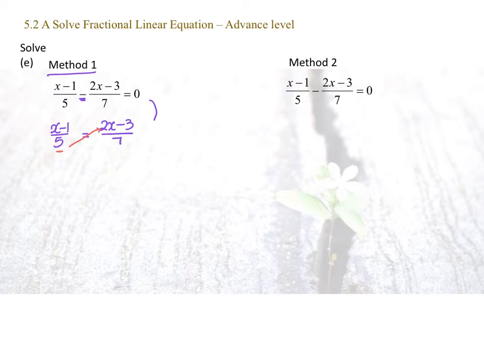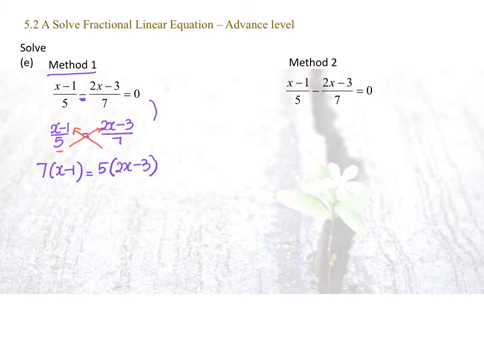So 5 crosses over to 2x minus 3, 5 times (2x - 3). And 7 crosses over to multiply to x minus 1, so 7 bracket x minus 1.